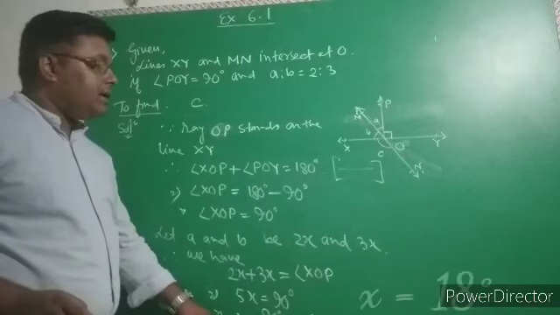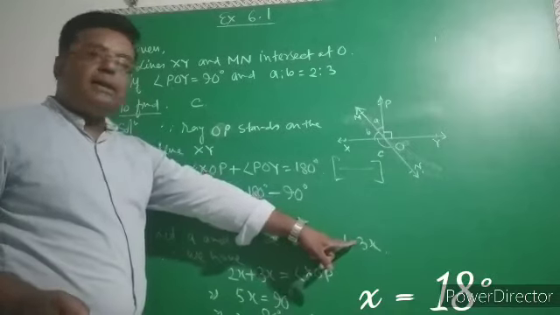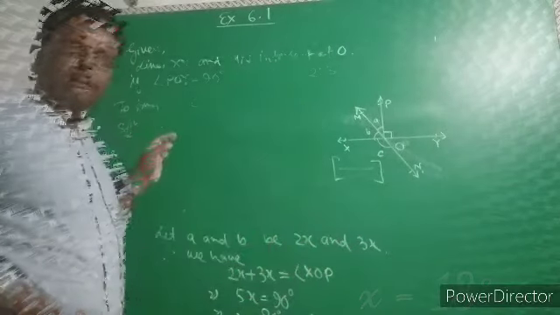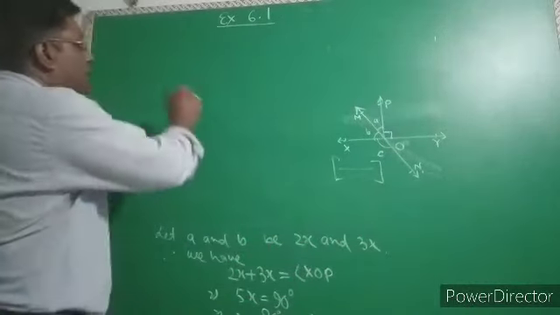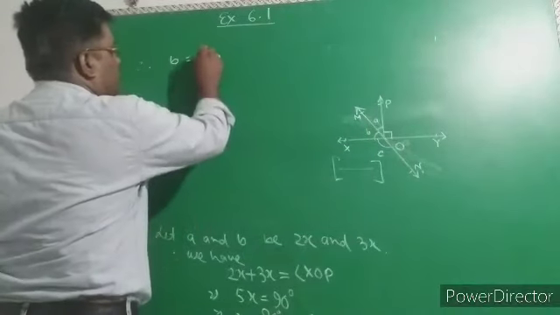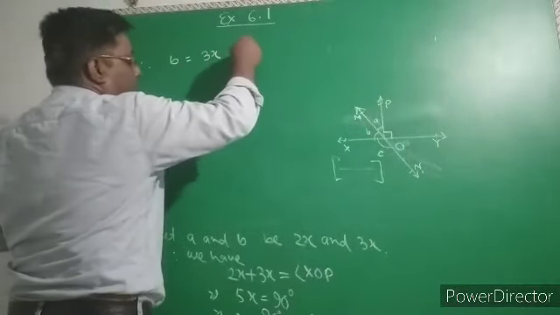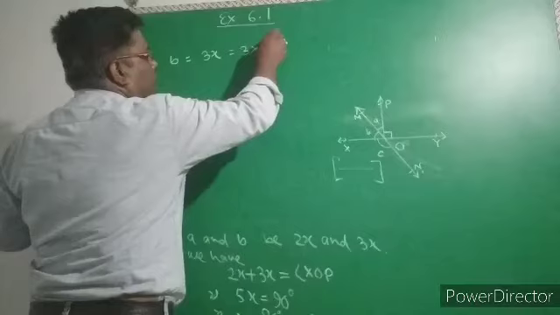Now if we get the value of x, we can find the value of B, because it is thrice x. Therefore B is equal to what? We get thrice x, it is 3 into 18 degrees.